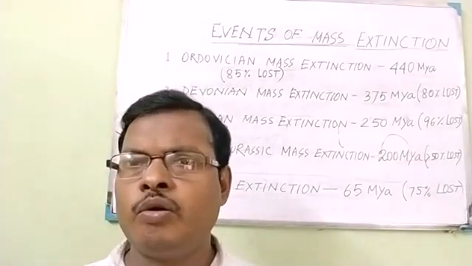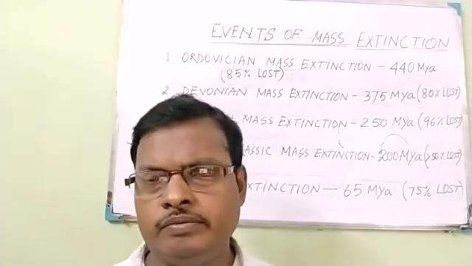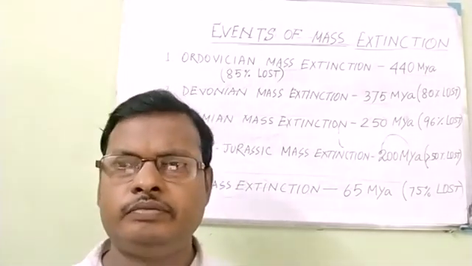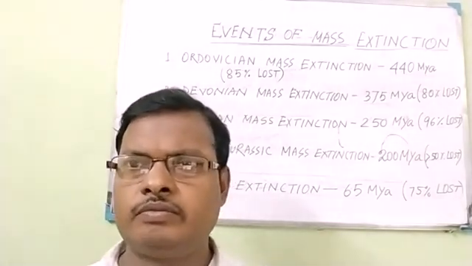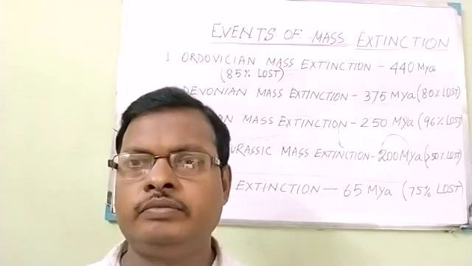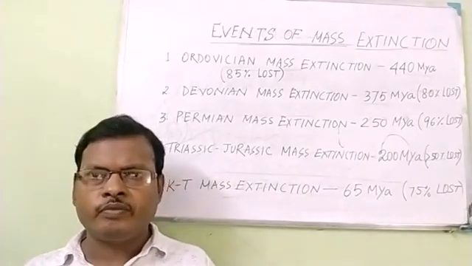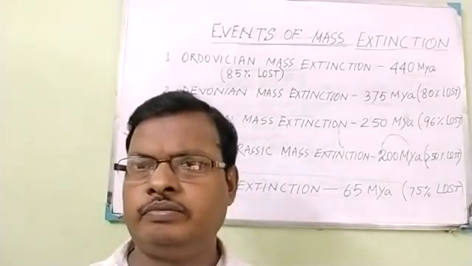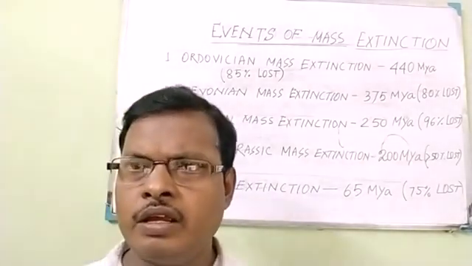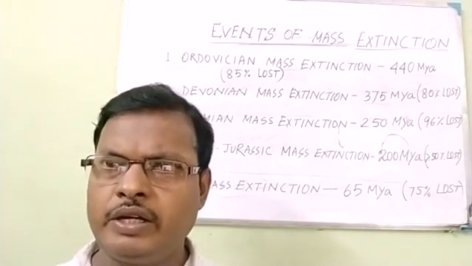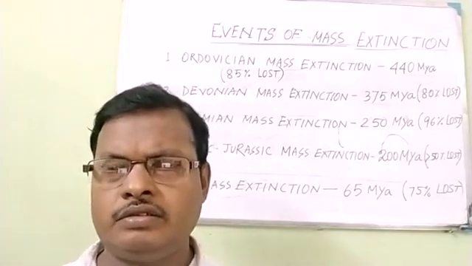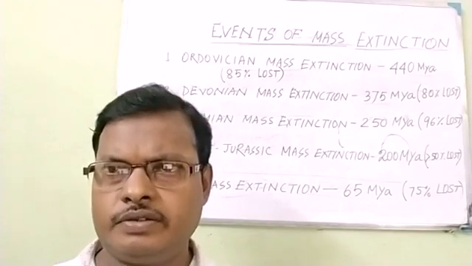Besides, gradual cooling of the temperature of the surface seawater also favors mass extinction. Another important reason scientists believe is meteorite strike on the earth's surface.